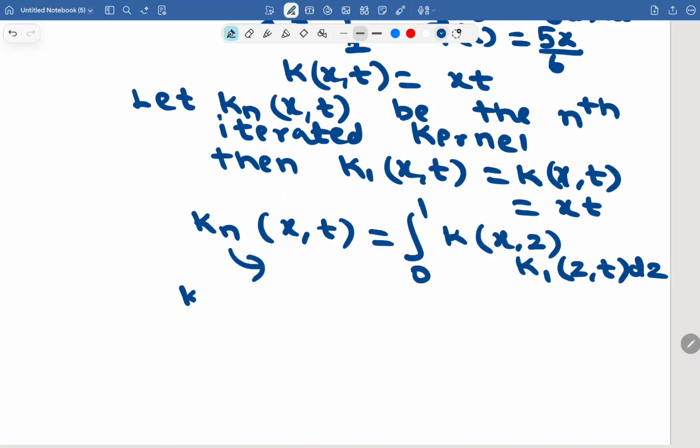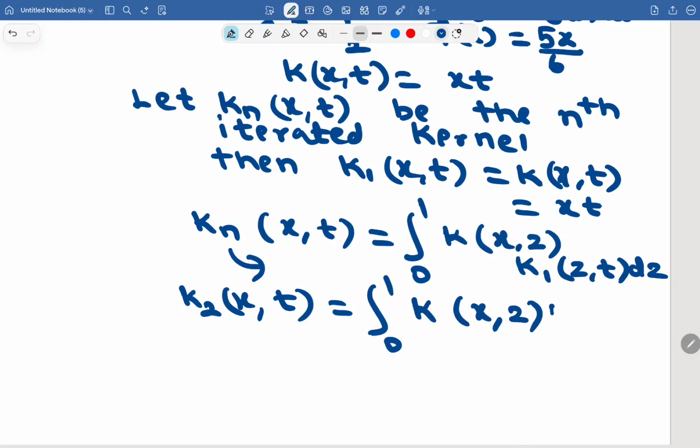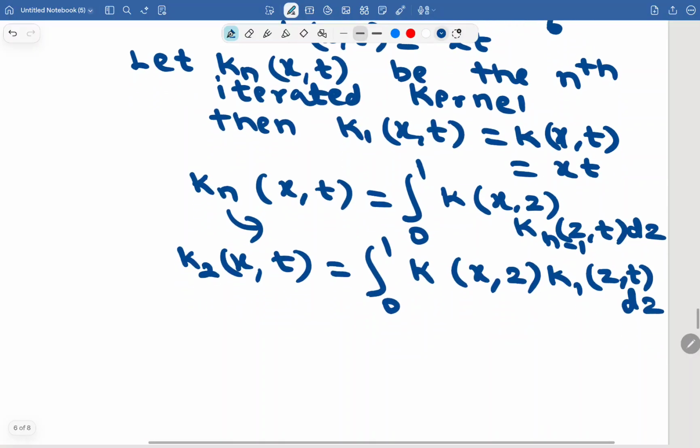From this find k2(x, t) equals integral 0 to 1 of k(x, z) k1(z, t) dz. Sorry, here not k1 but k_(n-1).